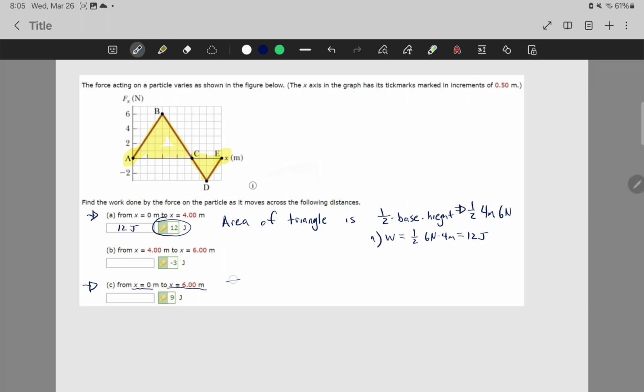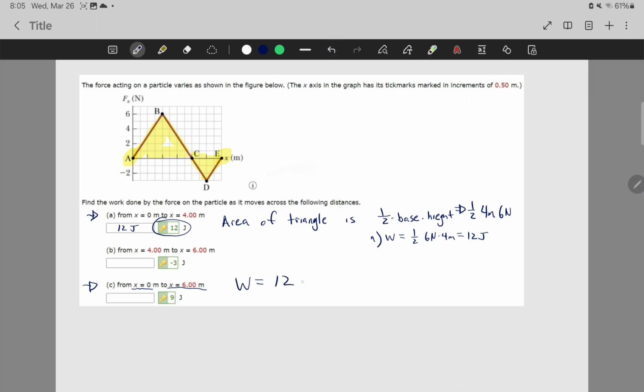So work here, W, is going to equal, we already found the area under this curve, and that's 12 joules.